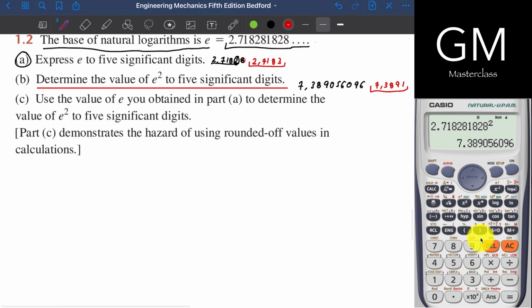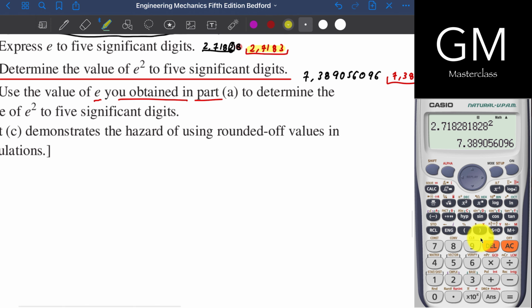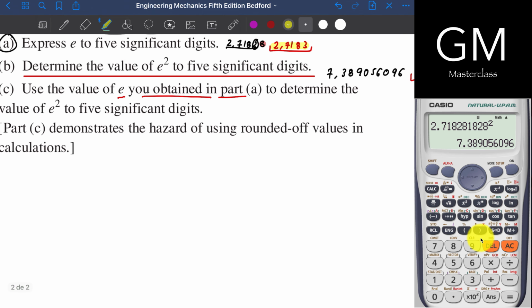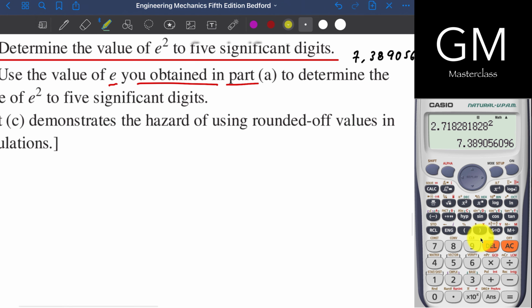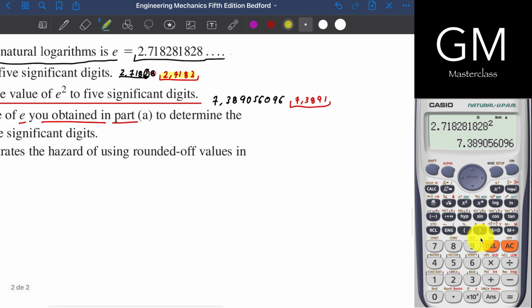Use the value of e you obtained in part A, which is this one, to determine the value of e to the second power to 5 significant digits. So we're going to write 2.7183 to the second power.